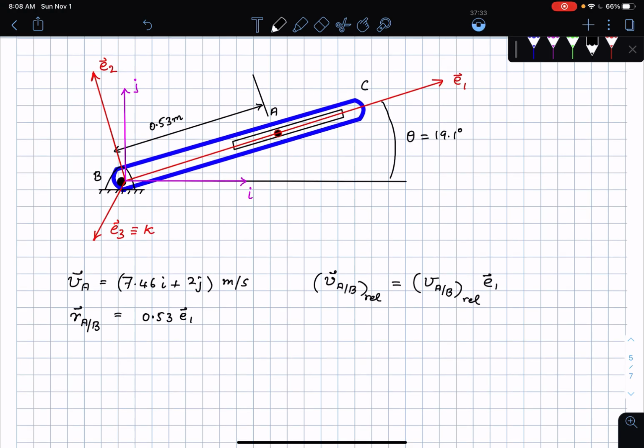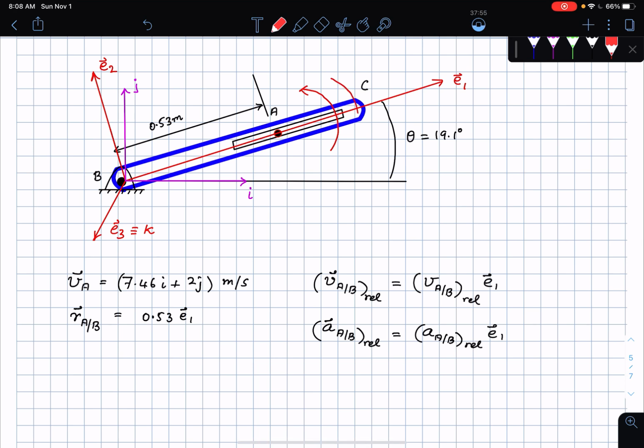Then do I know anything about the relative acceleration? I can say that this is also along the E1 direction, using the same argument I had for A slash B. Now I don't know the omega and alpha of the bar BC, so I'm just going to assume them to be counterclockwise.